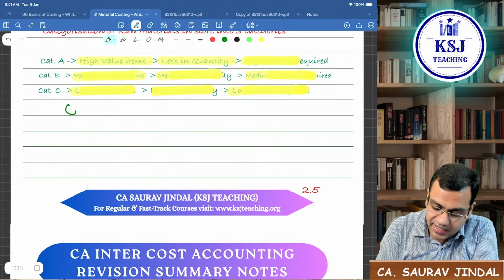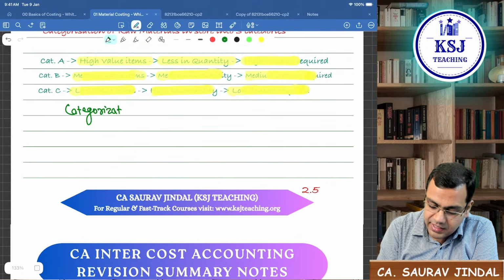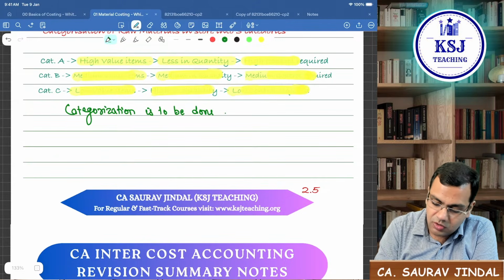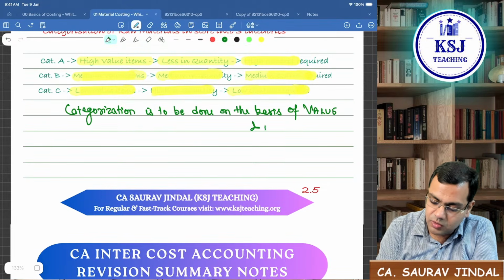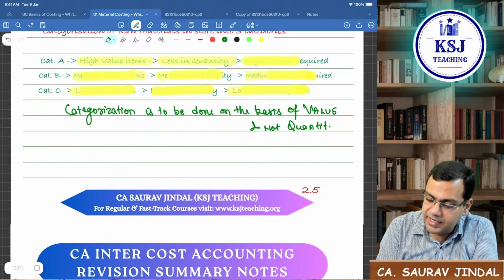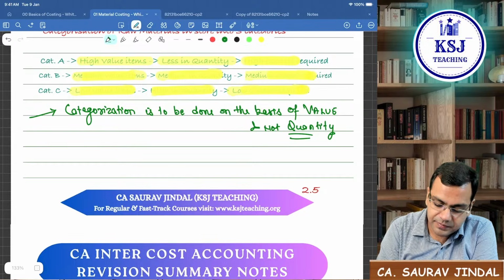Categorization is to be done on the basis of value and not quantity, right? This thing you have to remember.